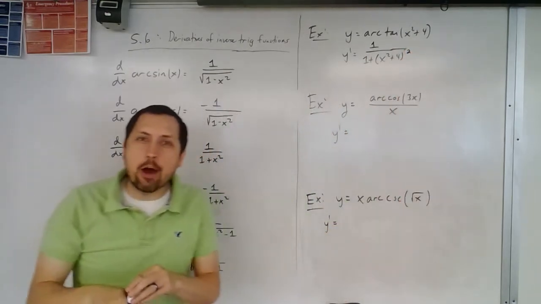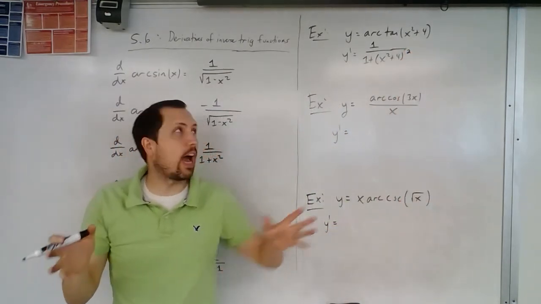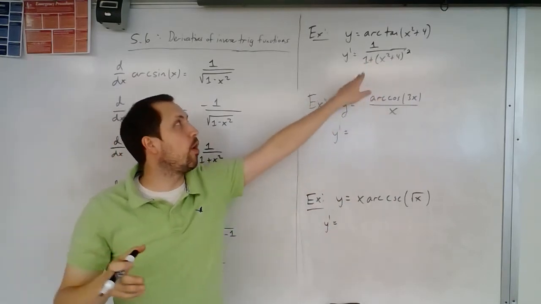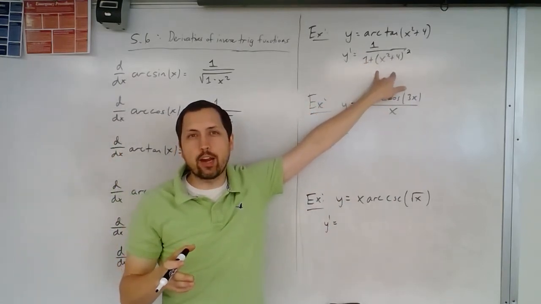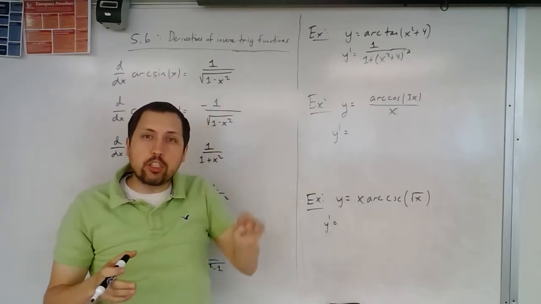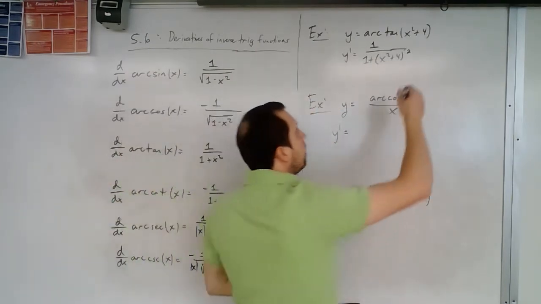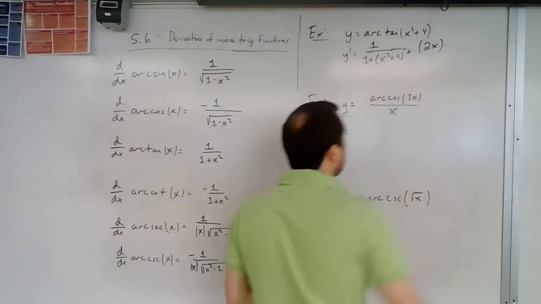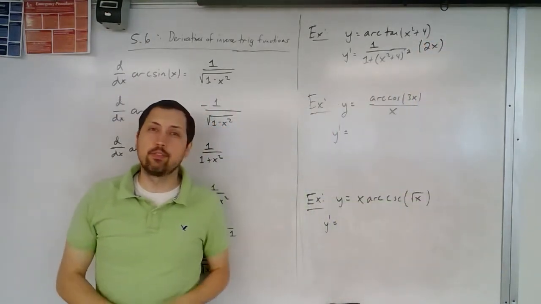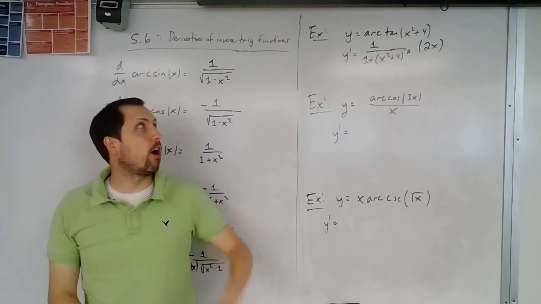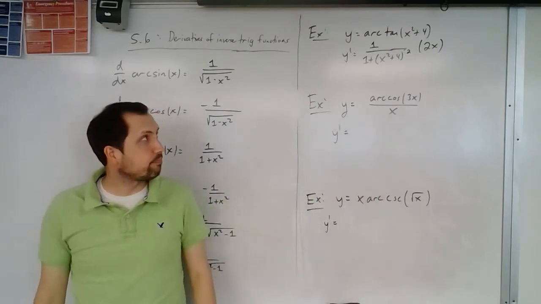Remember, this is the outer function that I'm taking the derivative of. But remember, we do the chain rule. Now I take the derivative of the inside, x squared plus 4, so I multiply this by 2x. So there we go, the derivative of arctangent of x squared plus 4.